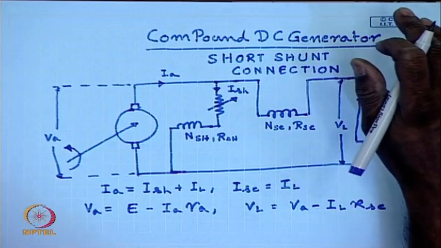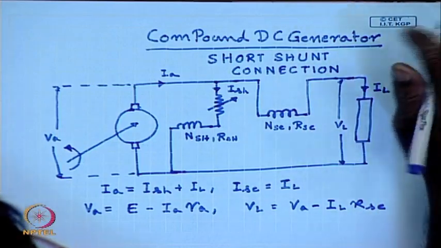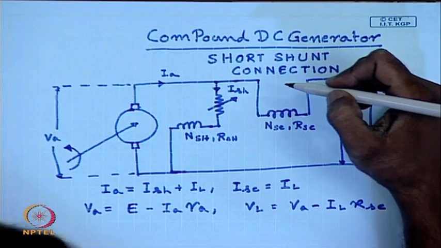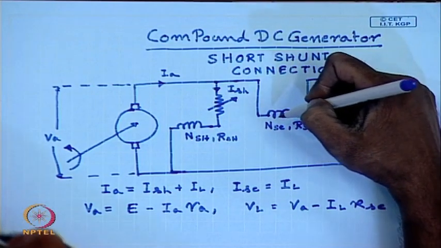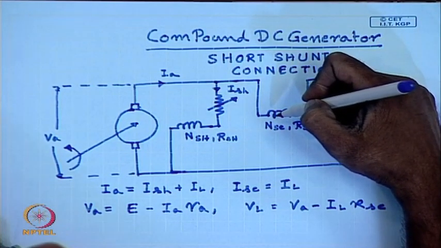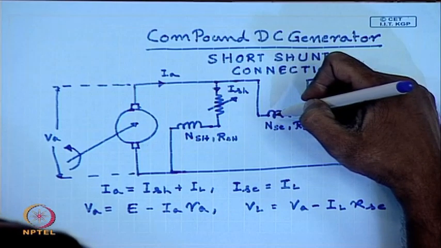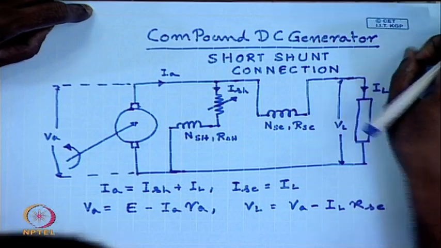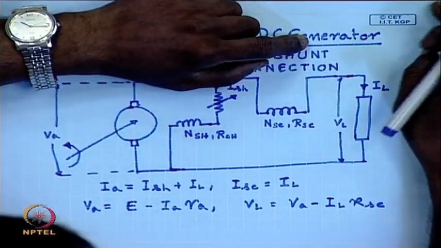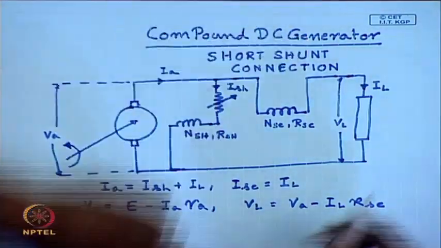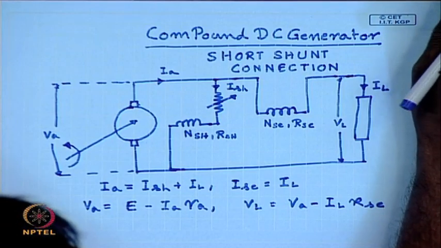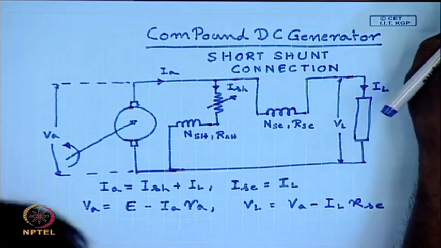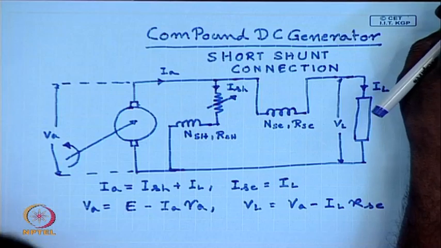It is to be appreciated that the shunt field turns and the series field turns are put on the same field poles and share the same magnetic path, that is, the shunt ampere turns and the series ampere turns are in series.